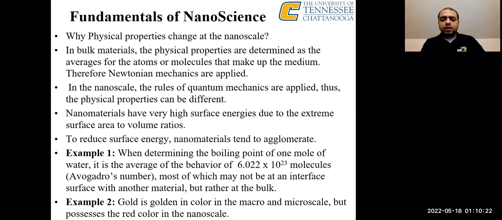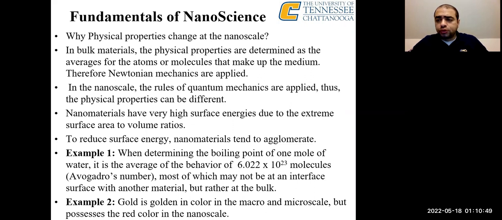Example: when determining the boiling point of 1 mole of water, it is the average of the behavior of 6.022, of course, Avogadro's number, times 10 to the power 23 molecules, of which most are in the bulk of the water, and only a minority of them is exposed to the outside environment. Example 2.